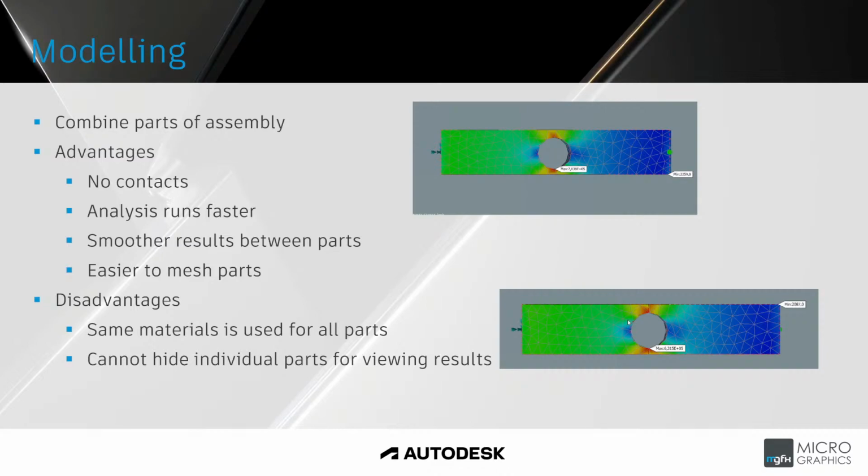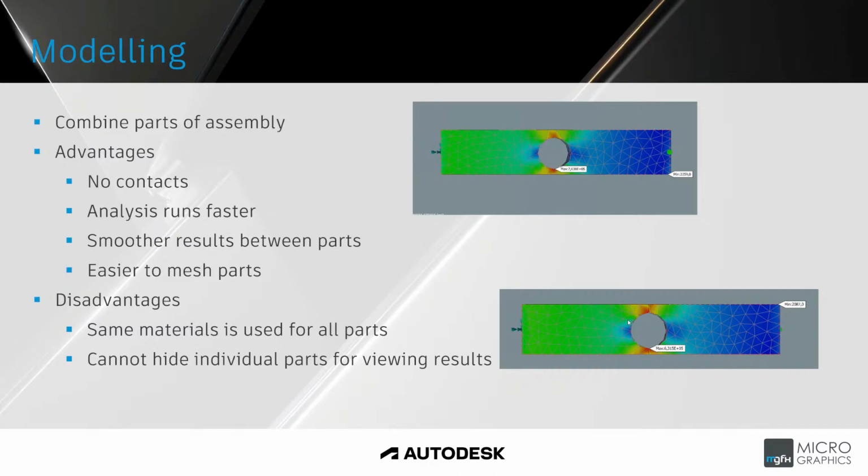But when you start putting in things like contacts, it's going to up the calculation time. And when we're doing FEA, we kind of want to get the best result for the least amount of time calculated. So having no contacts, by having one component instead of two or three or four, does negate having contacts, which will allow the analysis to run faster.